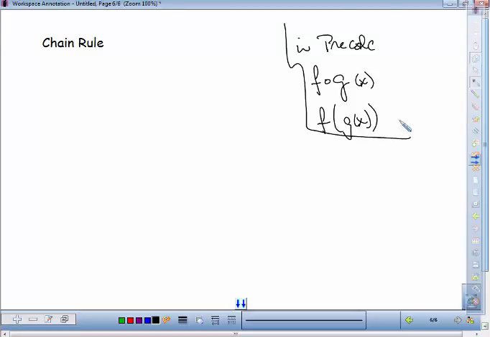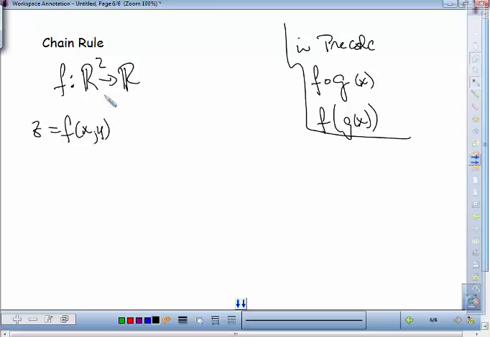The idea of a composite is kind of complicated to think about. Well, except there is a special case where we have a function that goes from R2 to R, so you can write it as z is equal to f of xy. And then let's say we had another function, and I'll call it r, and you'll see why I call it r, that goes from R to R2.